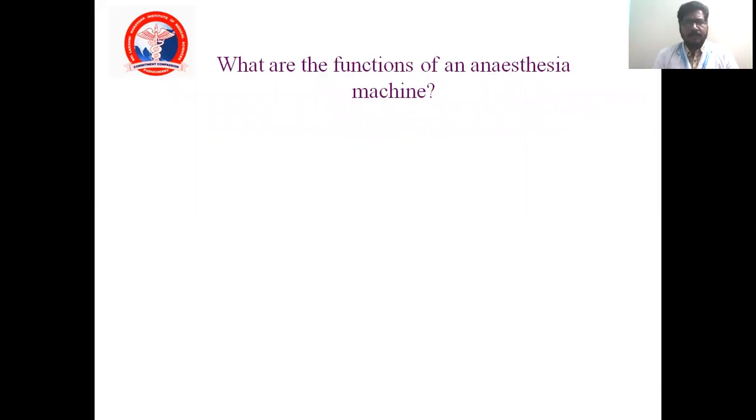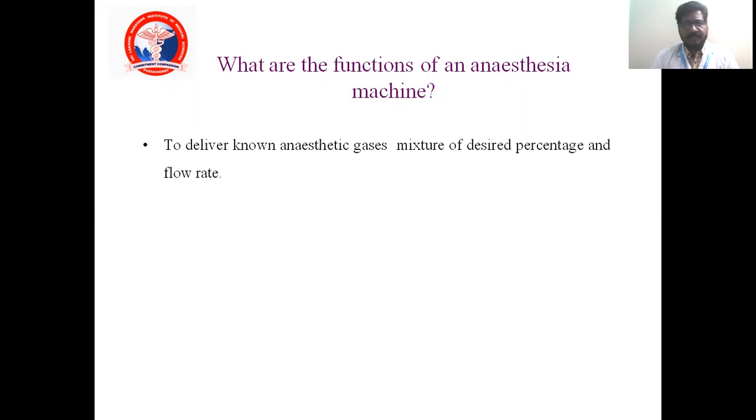Coming to the functions of the anesthesia machine. What are the basic functions of an anesthesia machine? The first and foremost important function is to deliver a known anesthesia gas mixture of desired percentage and flow rate. Then comes the important aspect: to prevent delivery of a hypoxic gas mixture.